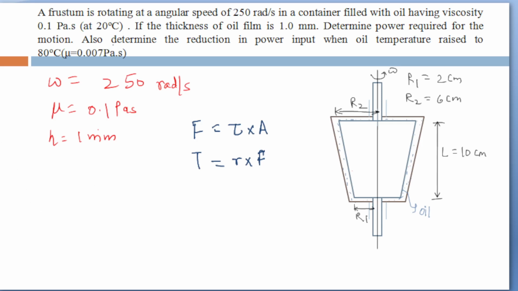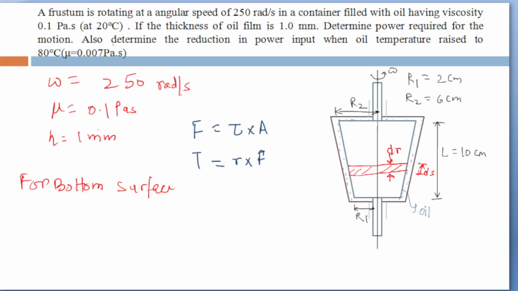So for the bottom surface, first we determine the torque. Say a strip of thickness dr and slant height ds.